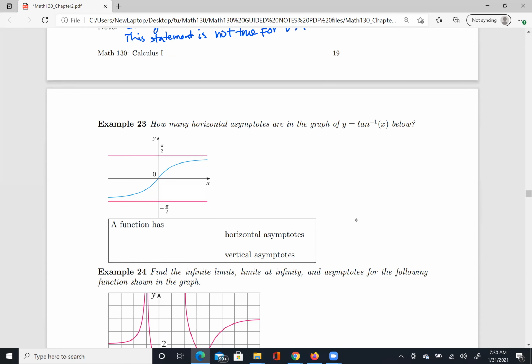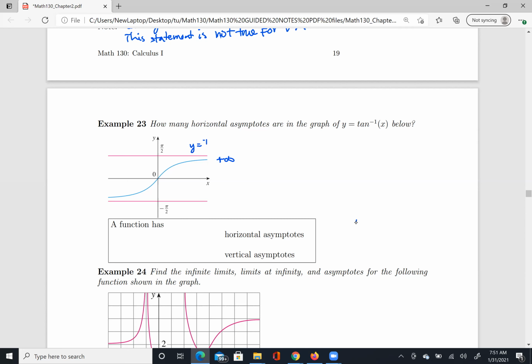Example 23 here. We're going to answer the question: how many horizontal asymptotes are in the graph of y equal to inverse tangent of x below, right? So you can see when x goes to positive infinity, the function will go along with the line y equals pi over 2 over here, right?